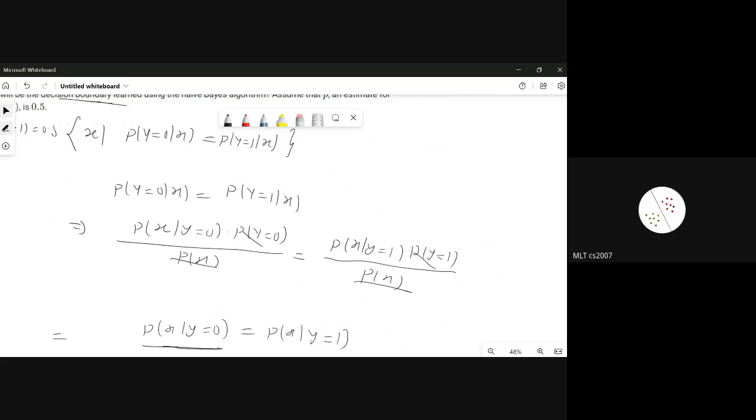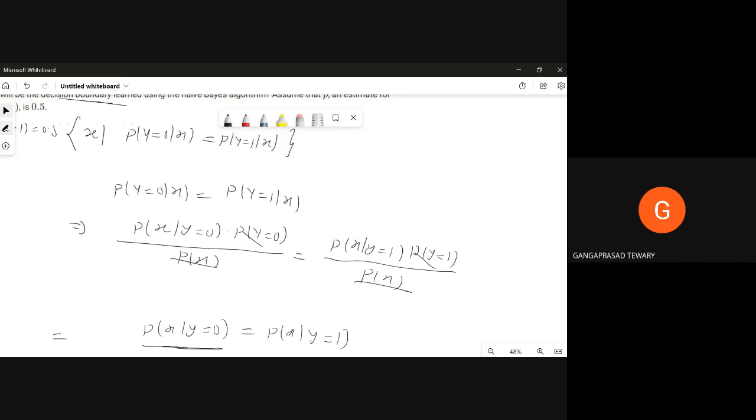Question number 7 from the practice assignment. I think one more question was there on decision boundary, probably in the graded assignment. I don't remember exactly. Whatever that is, the idea is clear how you can find the decision boundary.